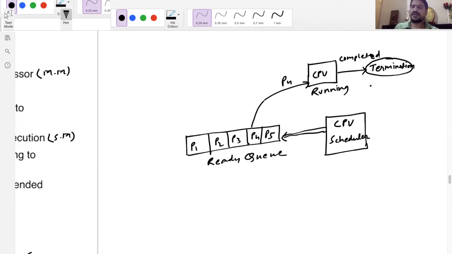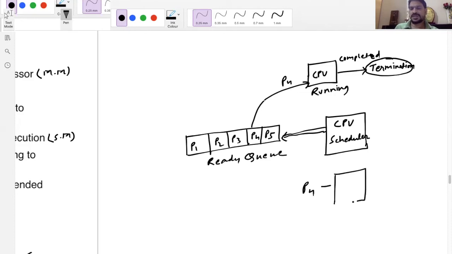Now what happens when we are using with preemption? In the with preemption type of multi-programming system, the CPU scheduler will schedule a program for a smaller period of time. Let's say P4 is there.